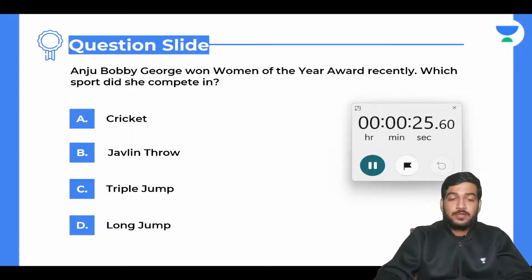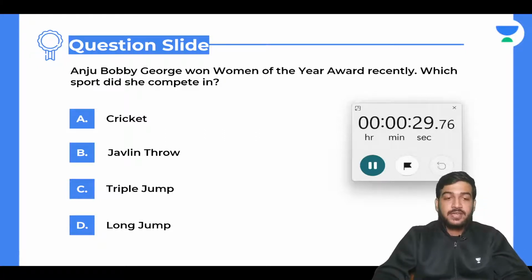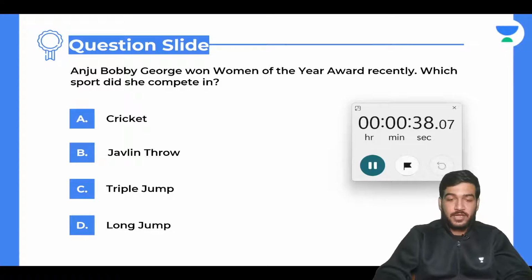She won the bronze prize. Which sport did she compete in? What was her forte? She won the Women of the Year award by World Athletics this year.